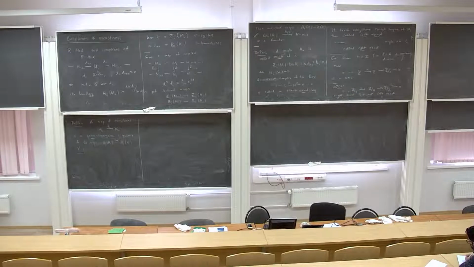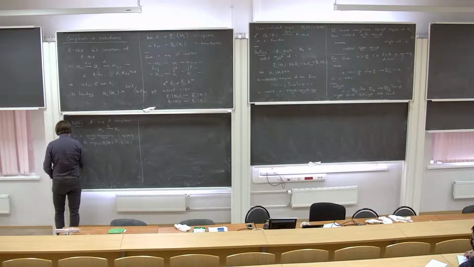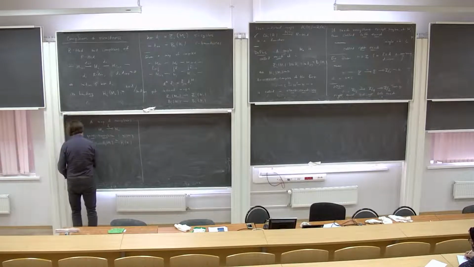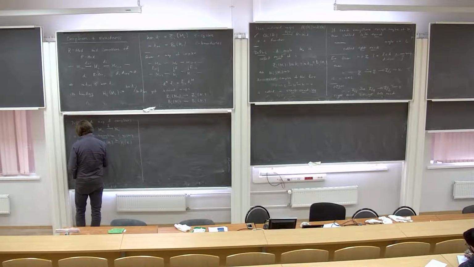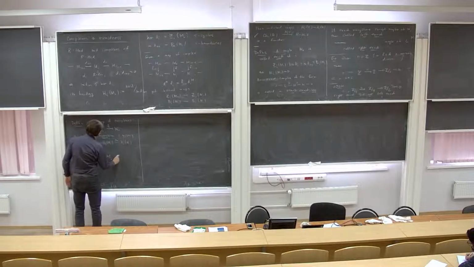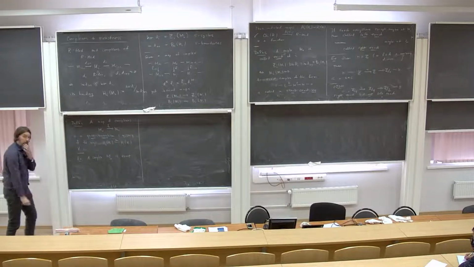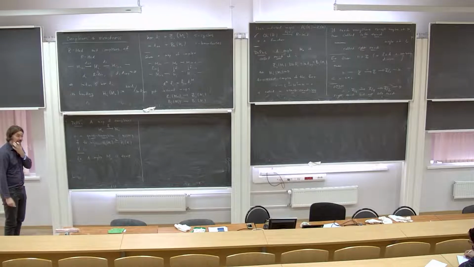Let me give an example. So, stupid example. A complex M is exact. So remember, exact just means all the homology groups are 0. So every cycle is a boundary.